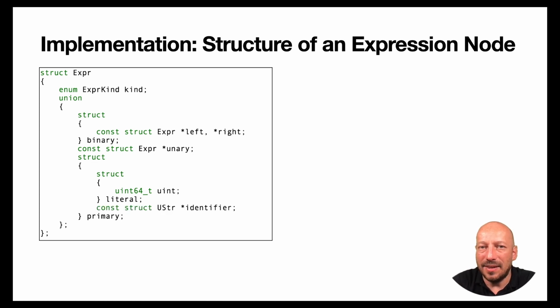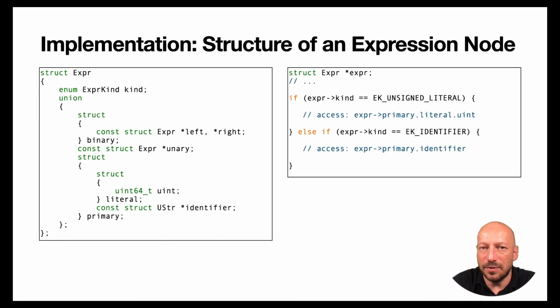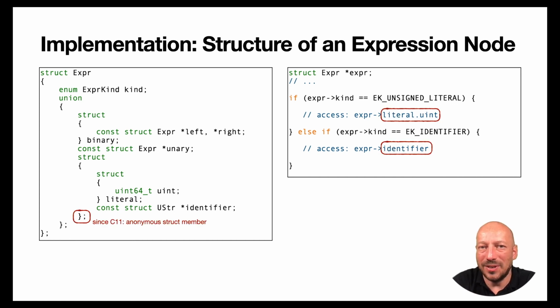And that means in your methods you first check whether you have a primary node that is a literal or identifier, and then you can access these two members like that. And of course, if this is too verbose for you, if you don't like this long notation, then feel free to use anonymous members like this or even like that.